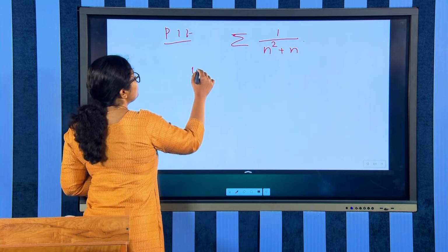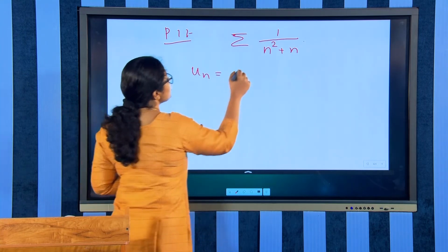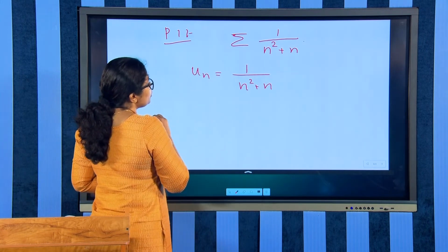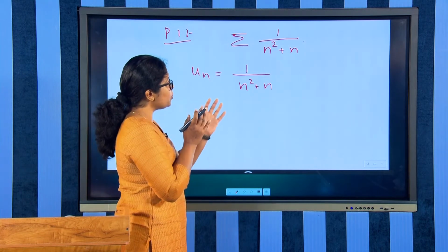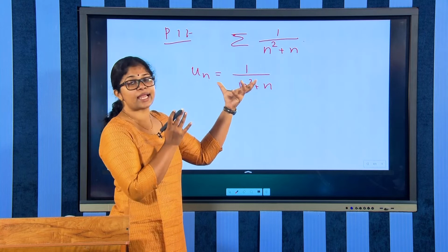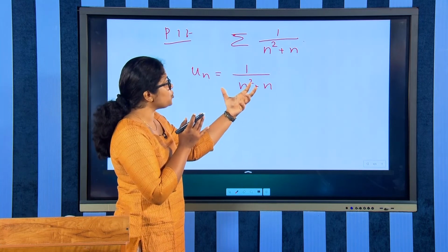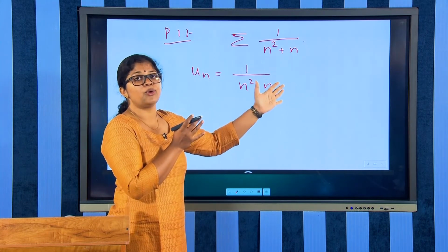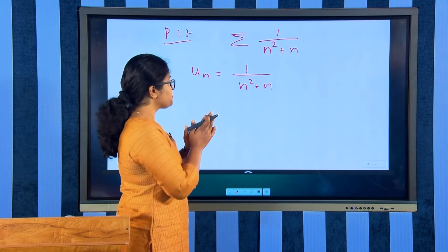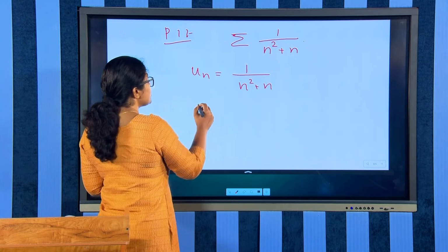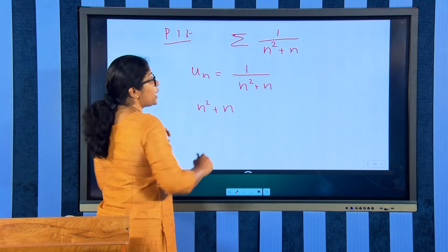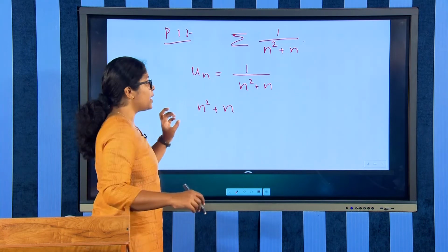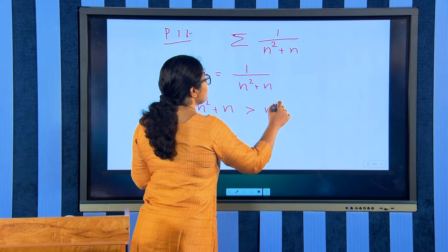So, you take the nth term as some un, which is equal to 1 upon n square plus n, and you analyze this term, so that you can find out a higher term which you very well know converges or diverges. Here the denominator is n square plus n, where n is a natural number. Whenever this natural number is added to n square, this is definitely greater than n square.